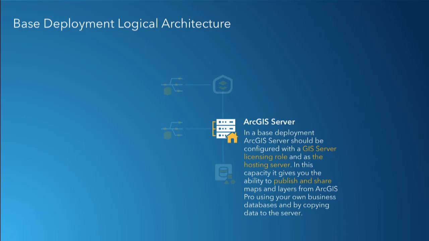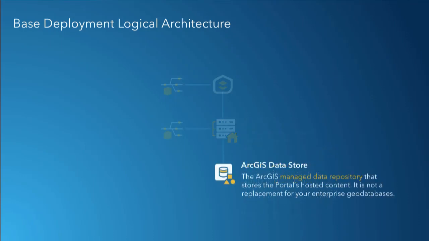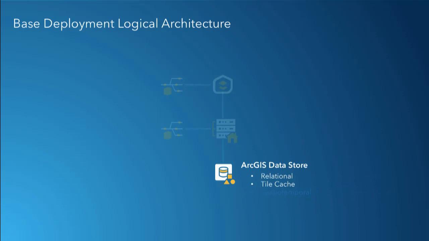The data has to go somewhere, and that somewhere was the data store. Well, there also has to be a place where that REST endpoint comes to life. That's the hosting server. We host something on your behalf. And sitting underneath the hosting server is ArcGIS Data Store, specifically the relational and tile cache data source.